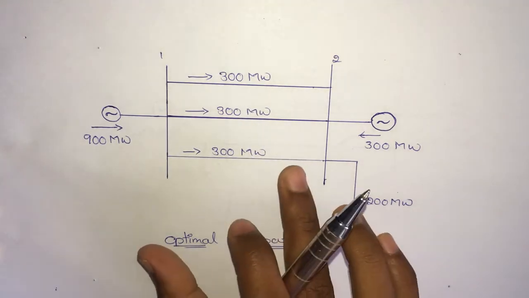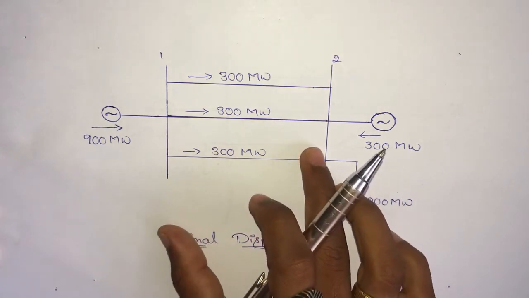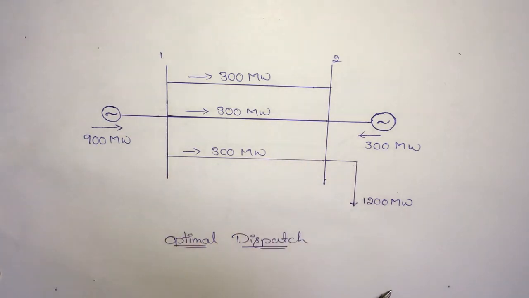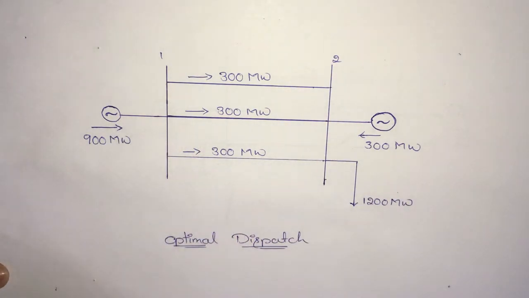This is the state which we call the economically optimal state. This state may not be secure. Remember, this state of operation may not be secure, but it is economically optimal: minimum cost, maximum power transfer.